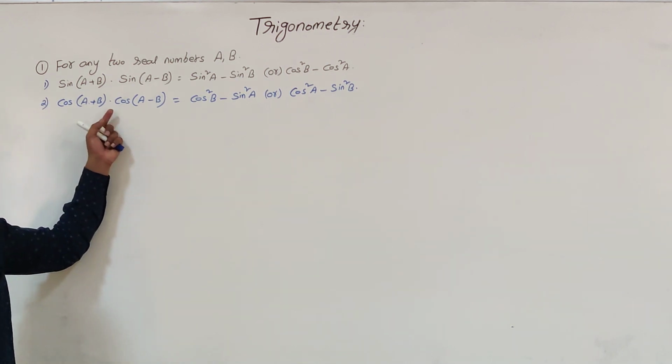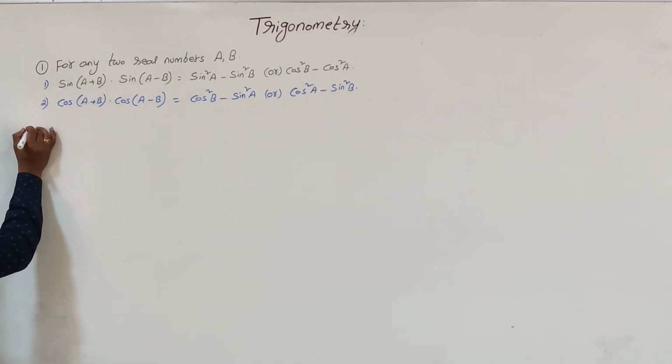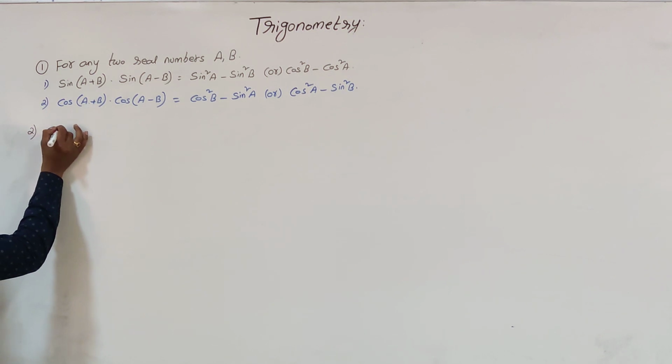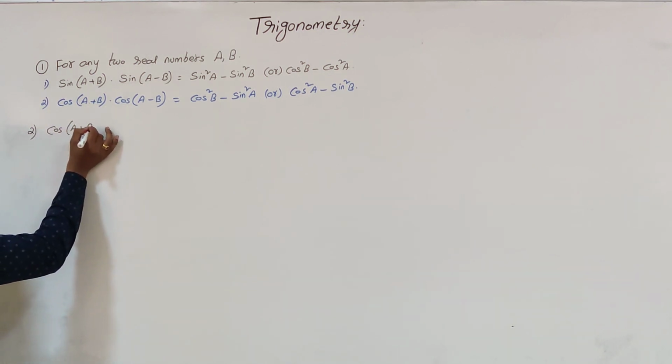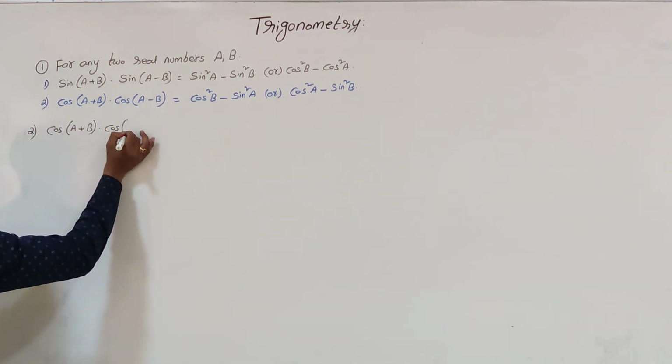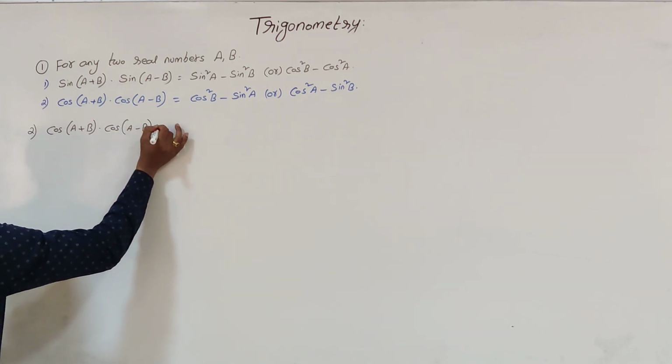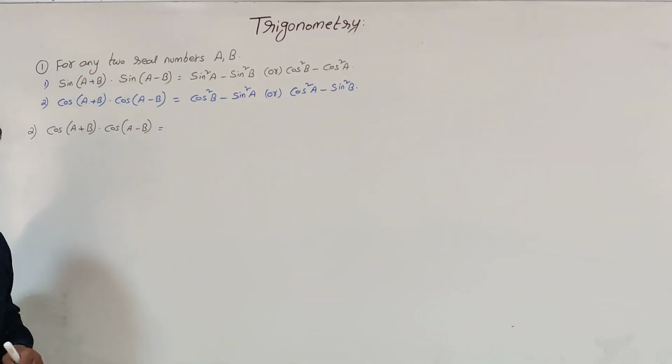Now we'll go for the second result. What is given? Cos of A plus B into cos of A minus B. Now again, we can go by the expansion. What is cos of A plus B?